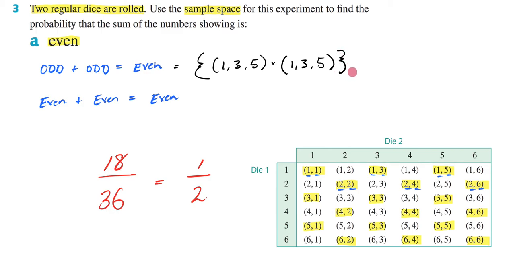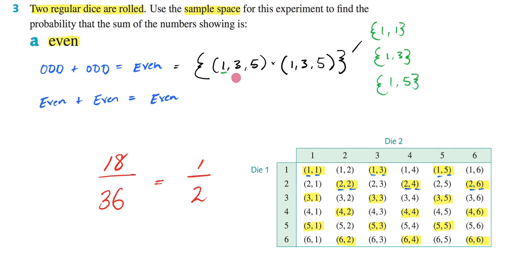And then what are all my possible elements that are going to emerge from having my first roll being odd and my second roll being odd? Well, if my first roll was 1, I could then roll a 1, or I could then roll a 3, so a 1 and a 3, or I could then roll a 5, 1 and a 5.